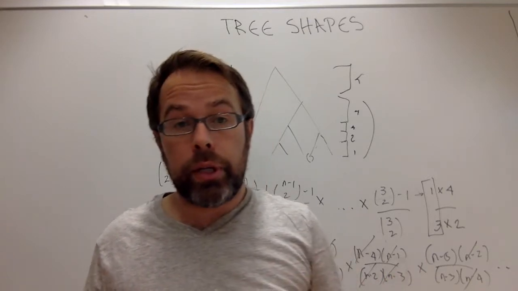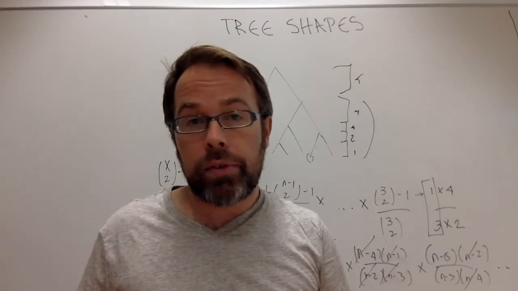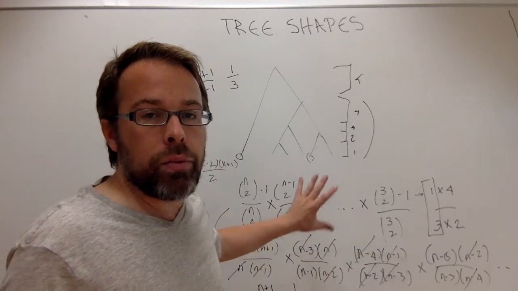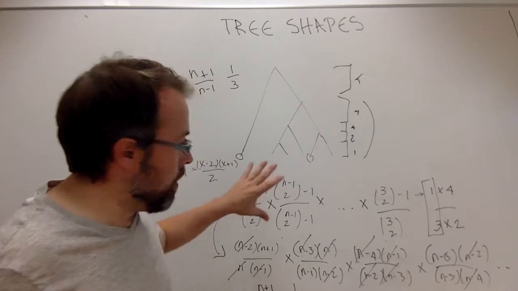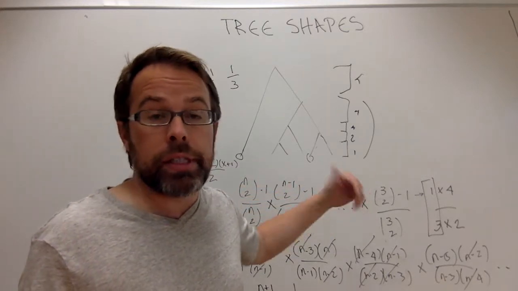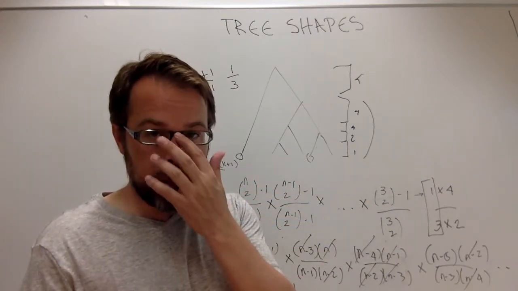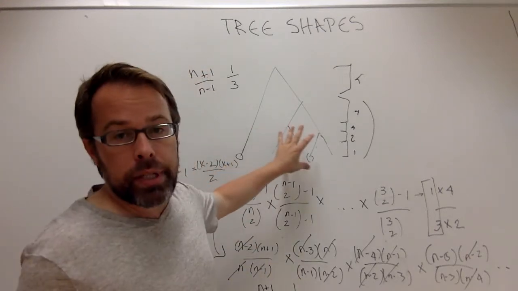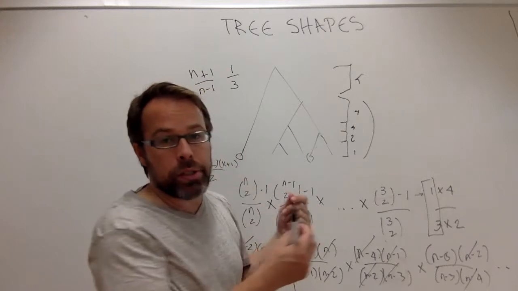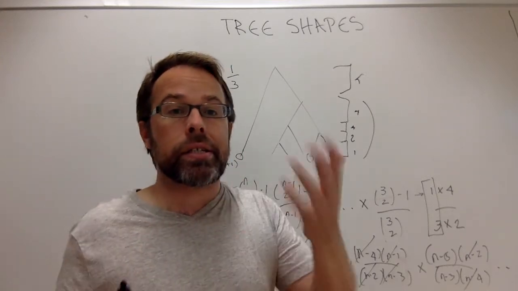I'm not going to stop and do it again, because we have a lot to cover. What I'd like people to see here is not the exact result, because this exact result you're unlikely to need in your research. But what I want people to see is that it's possible to ask these questions. What's the chance the tree has this kind of shape?